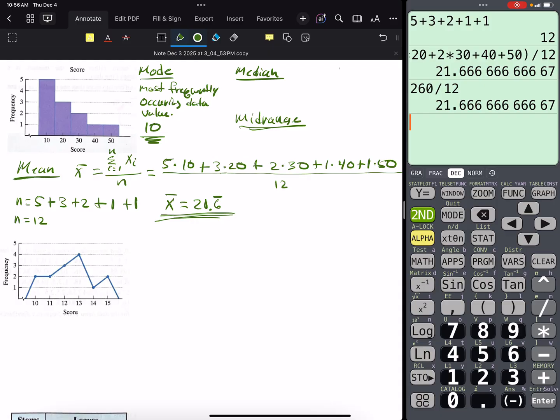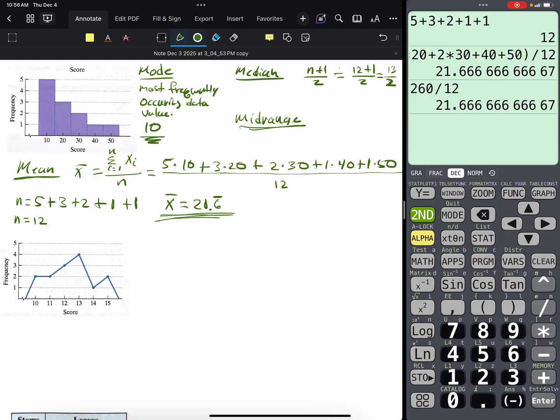Now, the way I find the location of that center is I use this formula of n plus 1 over 2. And that's going to give me the location or the number of this center. Well, n, we already calculated when we did the mean, was 12. And so I have 12 plus 1 divided by 2. I have 13 halves, or 6.5, right?